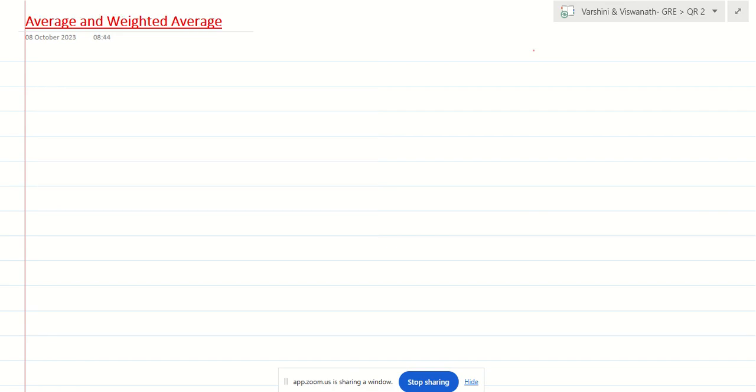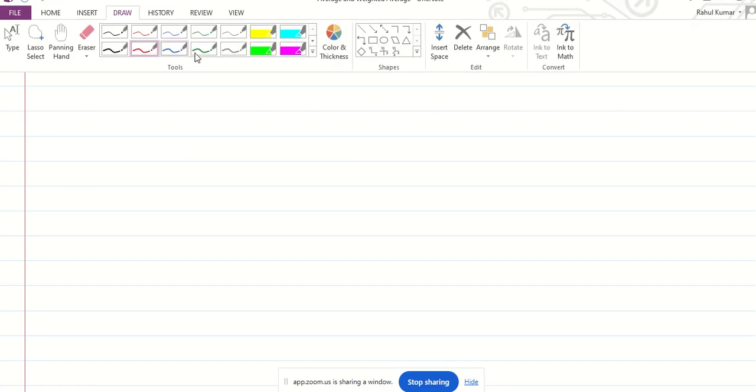Let's try this question now. But before going for it, can you tell me the difference between average and weighted average? Any idea? Okay, see.